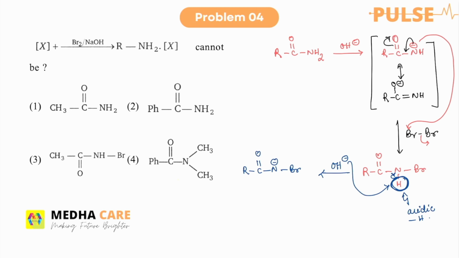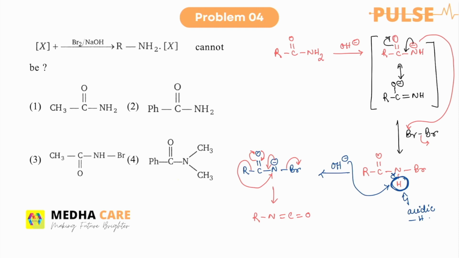Now the important rearrangement will occur here. That rearrangement is, nitrogen will form a double bond. This R group will migrate from the carbonyl carbon to the nitrogen, and then bromine will be removed. So this is the mechanism of the reaction, rearrangement step, and then you will get isocyanate.